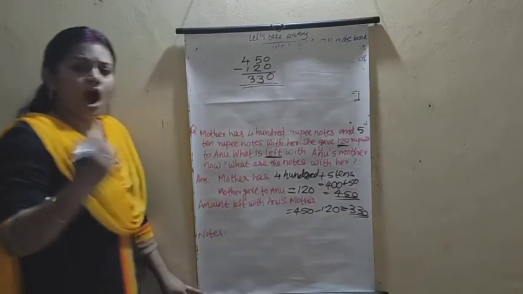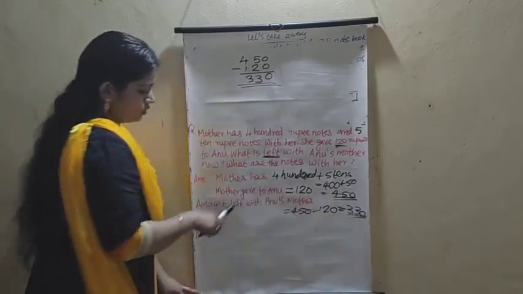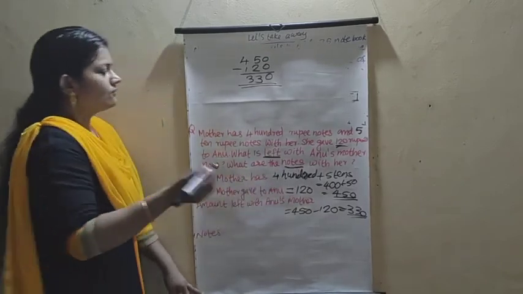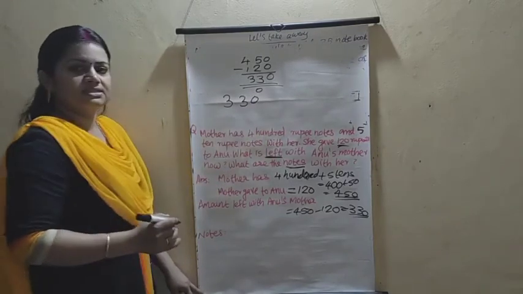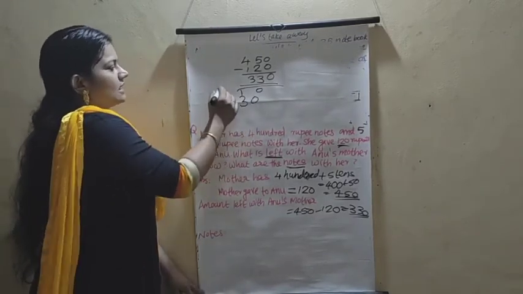Then how much rupees are in mother's hand? 330 rupees. How to write 330 rupees in notes? We already know the places: 0 ones, 3 tens, 300.